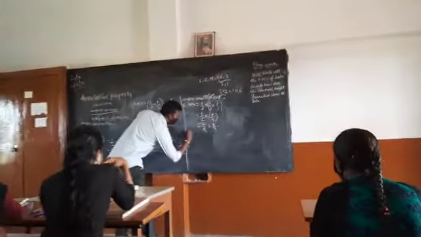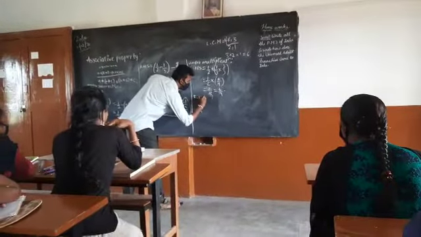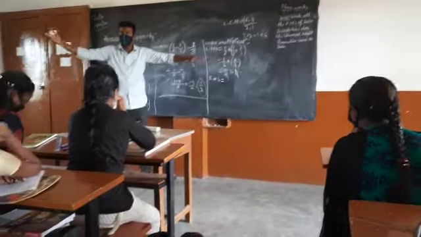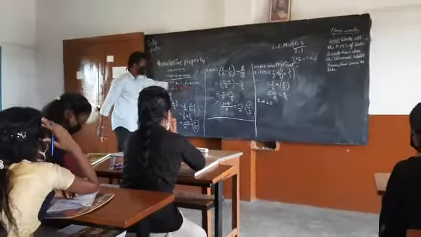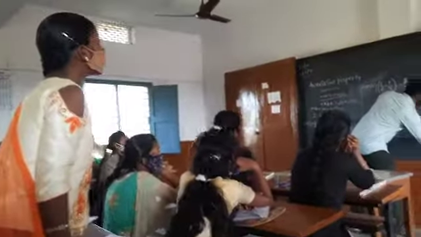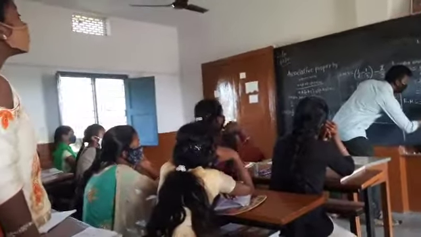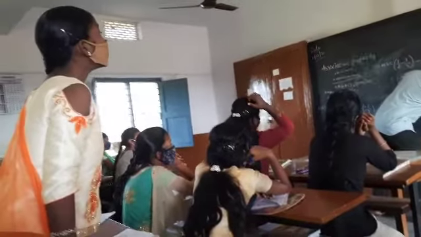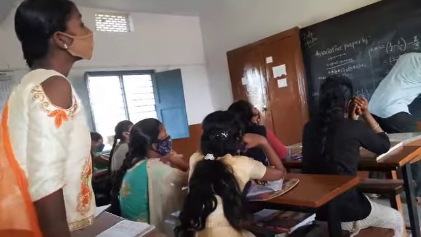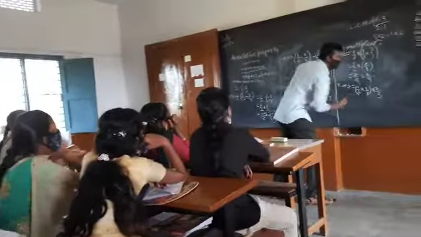LHS is this way. Let us check RHS. Just like this representation, can anyone give me another representation by taking this as reference? Very good. 1 by 2 into 1 by 3, brackets, into 2 by 3.